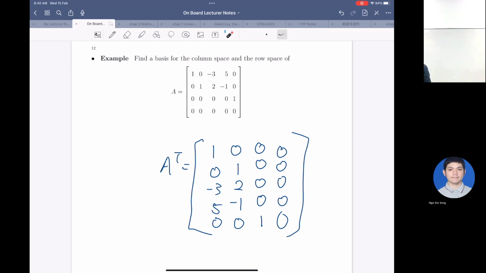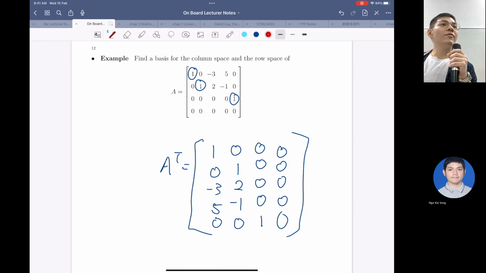Can you find the pivot column for AT? What is it? Which one is the pivot for AT? Third? Okay. Then just third for now.